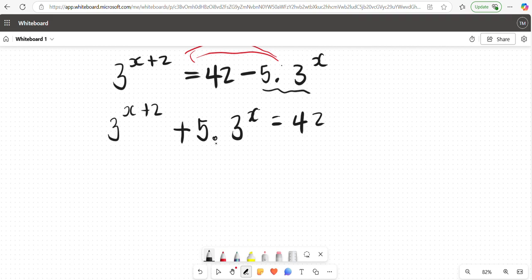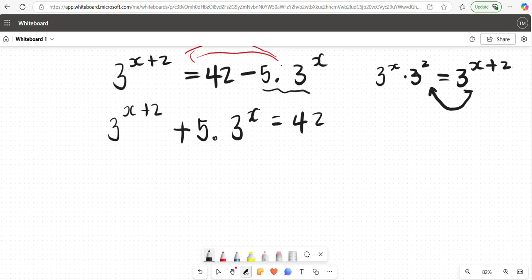Then at this point, I like to split up those guys. And what do I mean by split up? Remember, if I have a 3 to the power of x and I'm multiplying this with the 3 to the power of 2, I'm going to add those exponents and I'm going to eventually get a 3 to the power of x plus 2. So I have something like this.